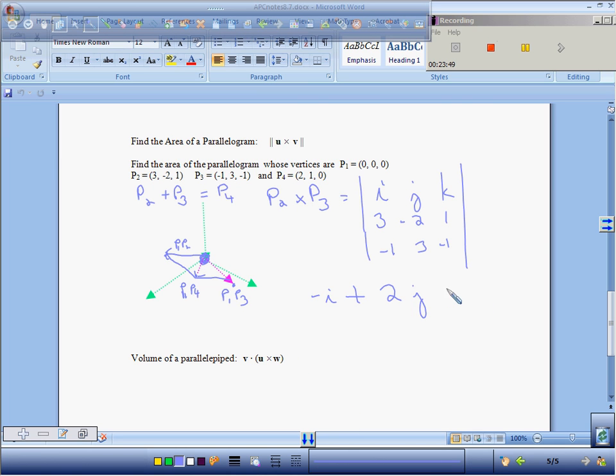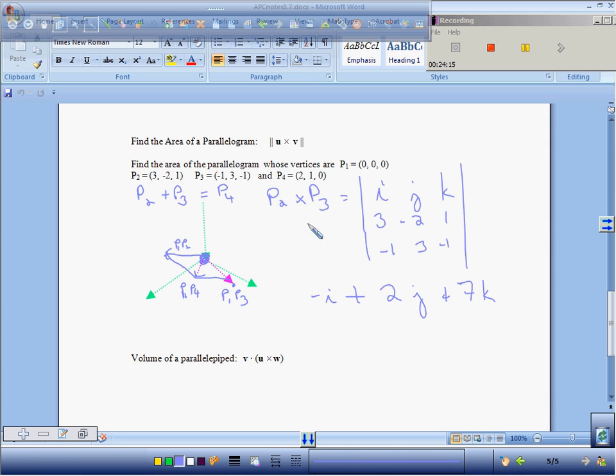Plus this times this, right? So 9 minus -2 would be 7 again, right? Is that right? 9 minus 2, because it's negative, yeah. So that gives you 7K.